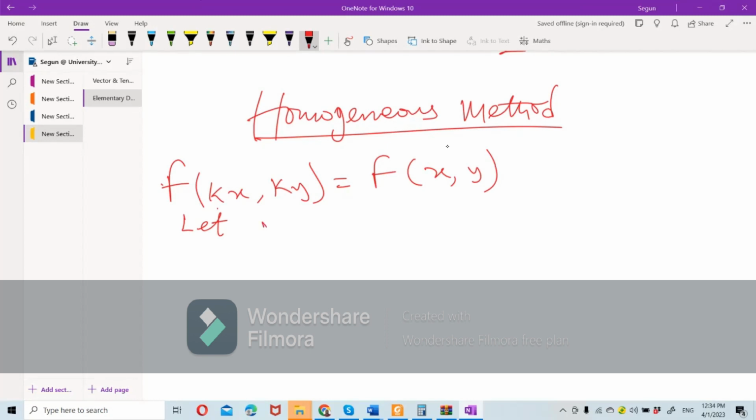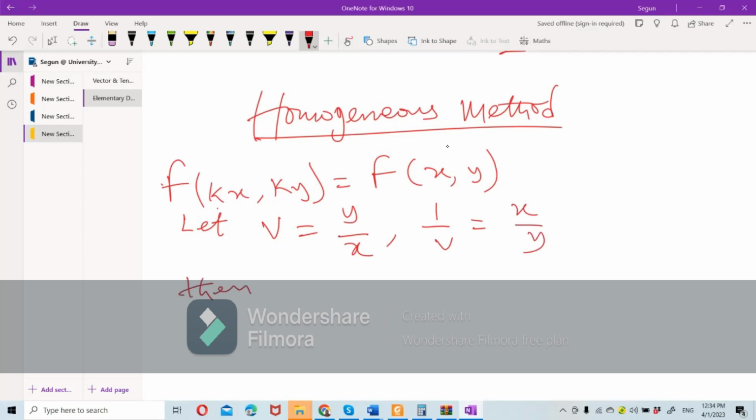Let v equal y over x. We assume this one. And I can have 1 over v equals x over y.